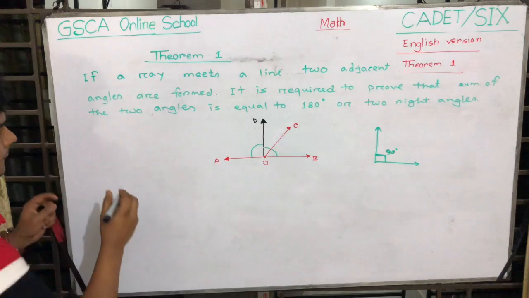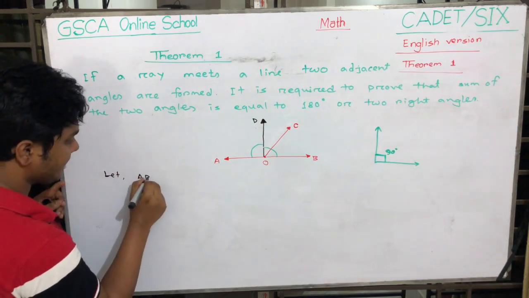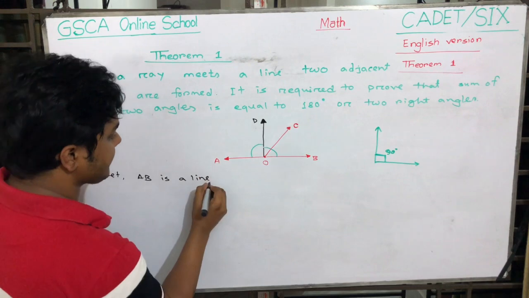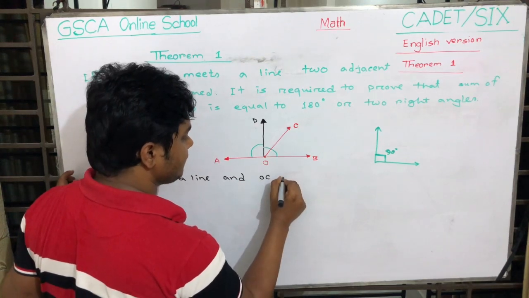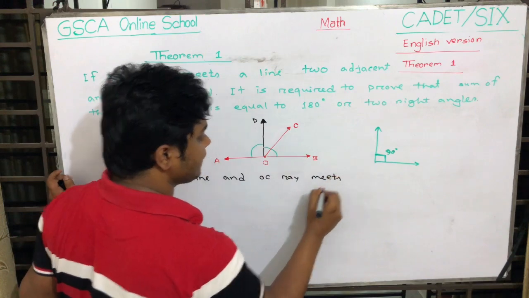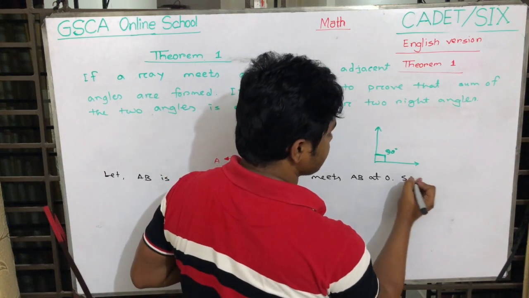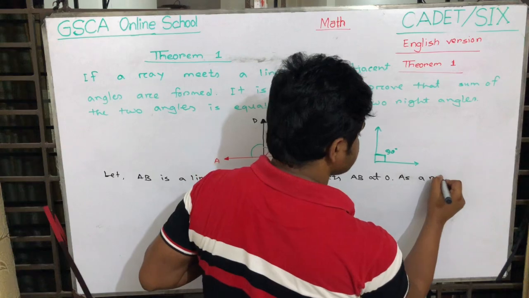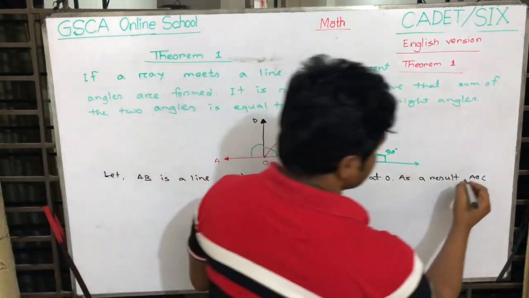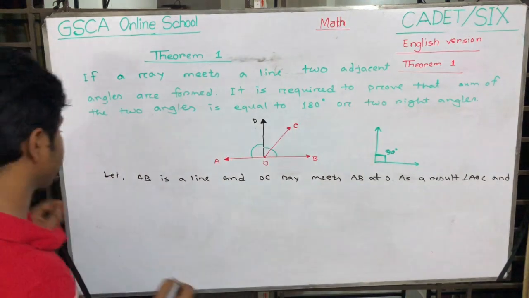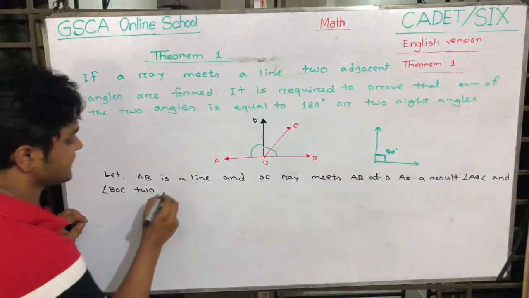Now write it fast. Let AB be a line and OC a ray that meets AB at O. As a result, AOC and BOC, how many adjacent angles?